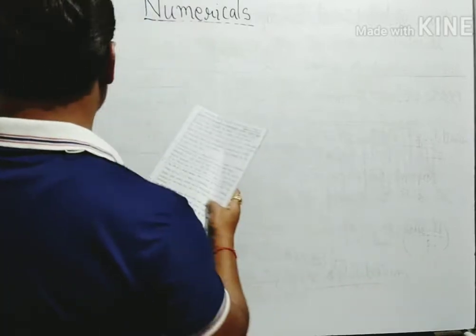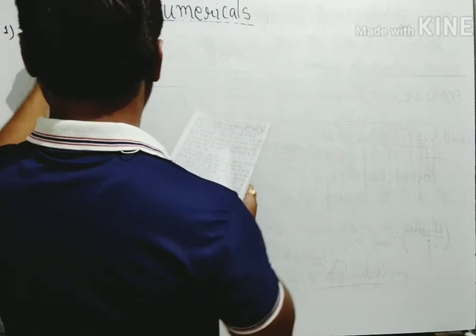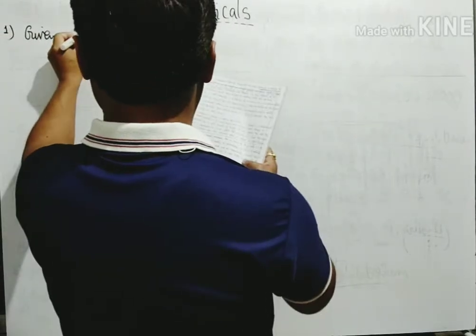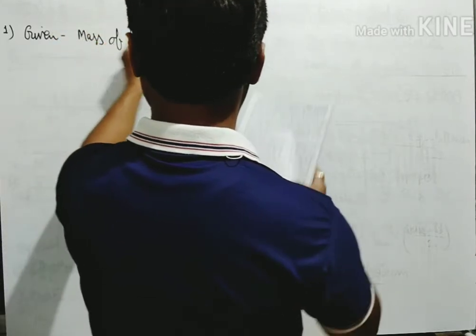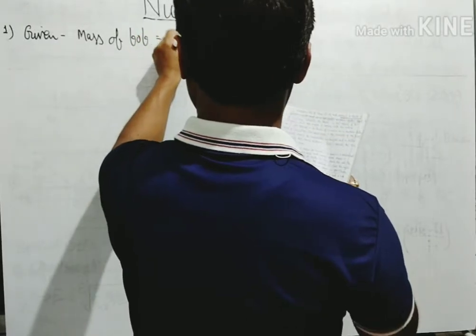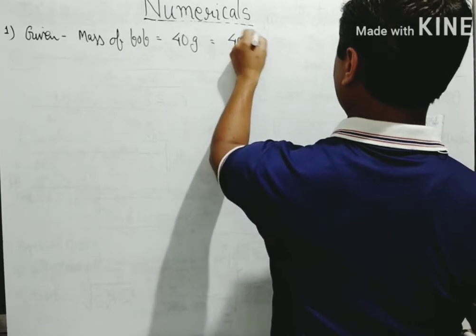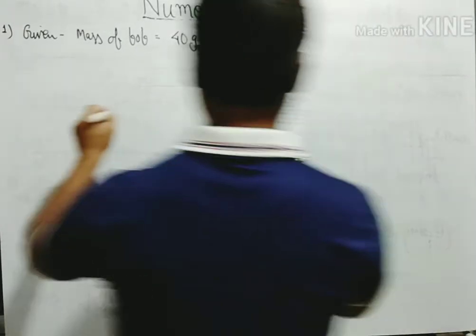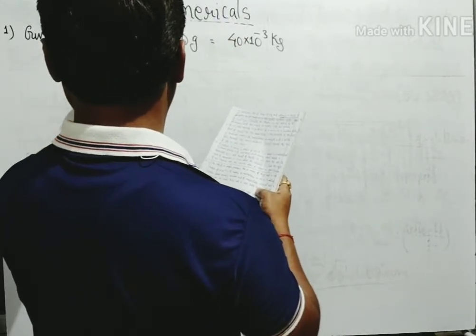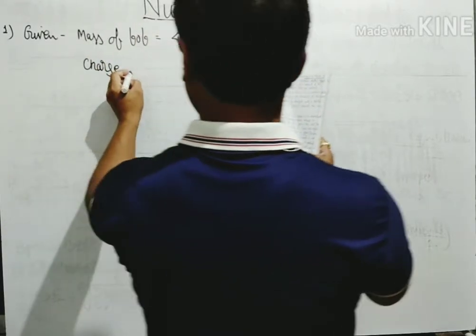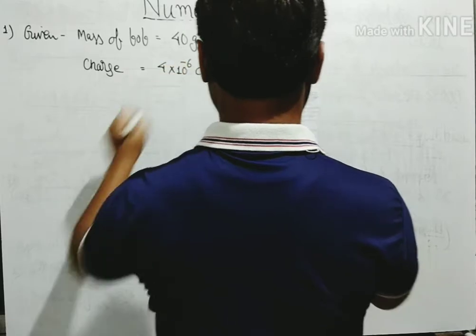So for the first question, what is the information given? Mass of bob is 40 gram. Let's convert it into kg: 40 into 10 power minus 3 kg. Charge is 4 into 10 power minus 6 coulomb.